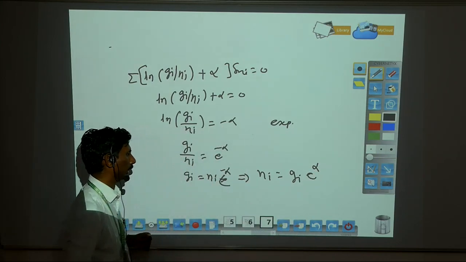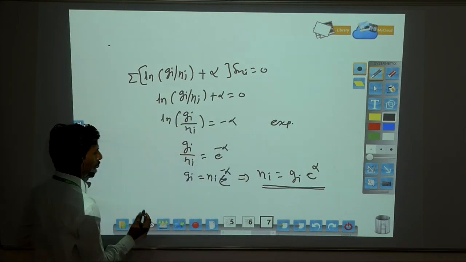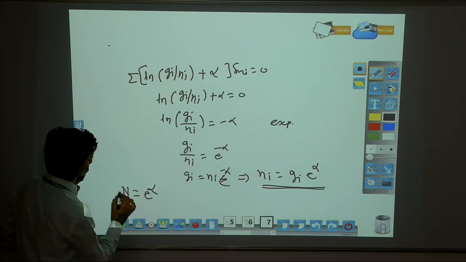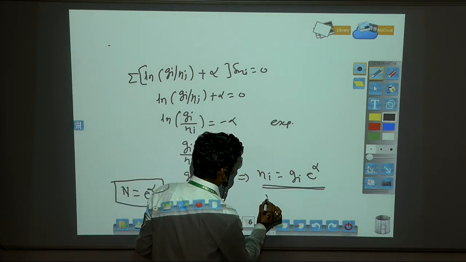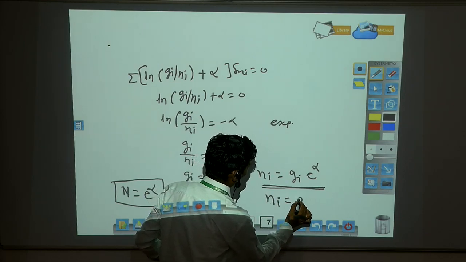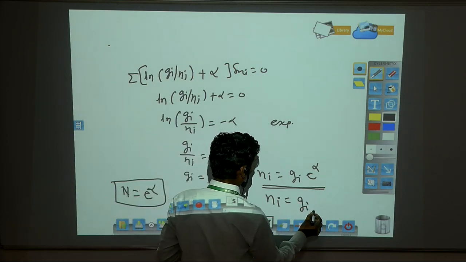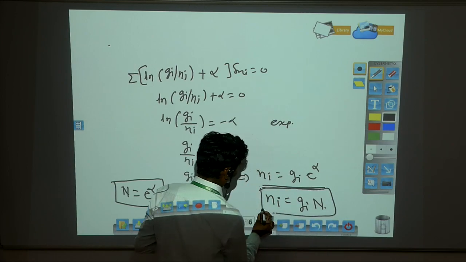Here the important point is that when we take the summation on both sides, we get N is equal to e raised to alpha. We resubstitute here, and what we get is ni is equal to gi into e raised to alpha, which is nothing but N. This is the important term.